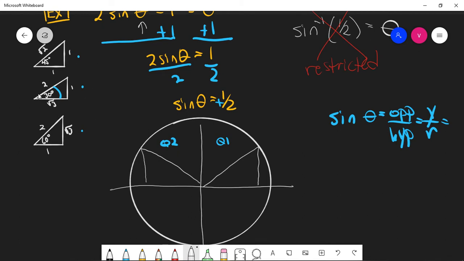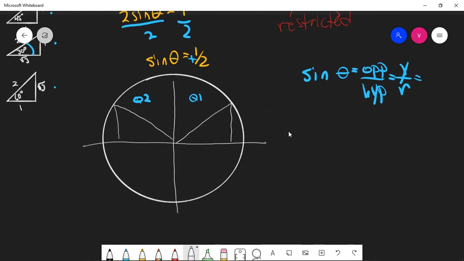Opposite over hypotenuse, that would be your 30-degree triangle. So put in a 30-degree reference angle here, and here, 30, right? In both of these quadrants, the sine of these angles would equal 1/2.